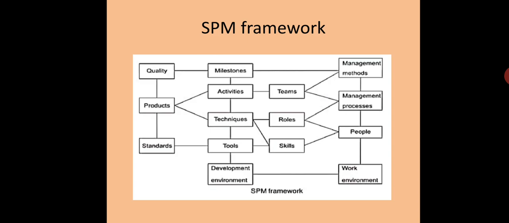You can see quality, products, standards, tools used, techniques used, the teams working, the skills. People have skills, and people have different roles assigned to them. Management processes are applied to teams and to the various designations of people.